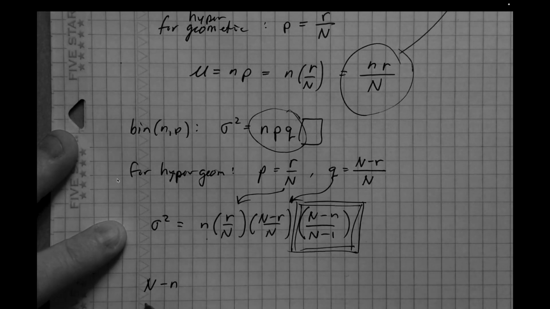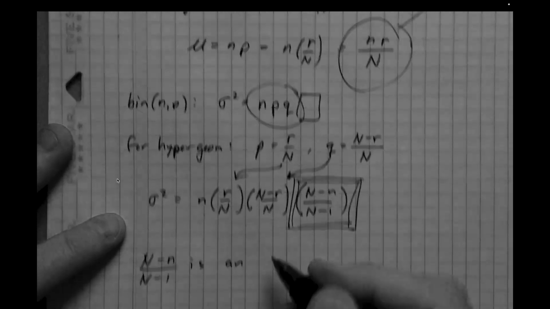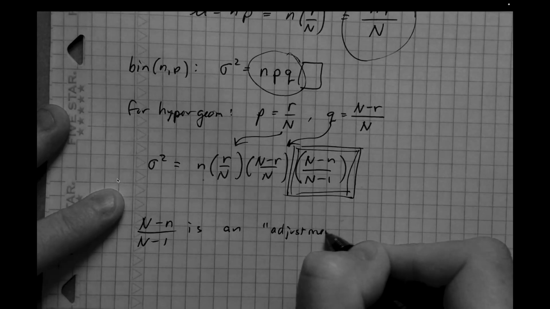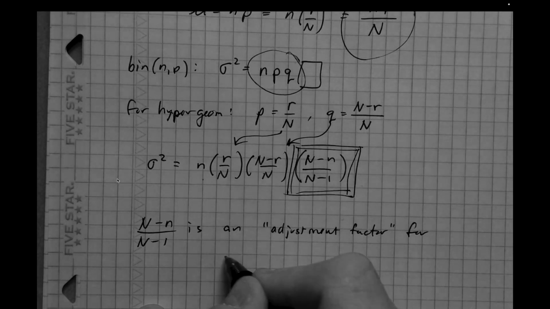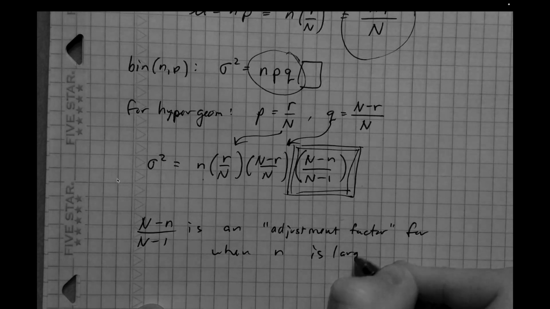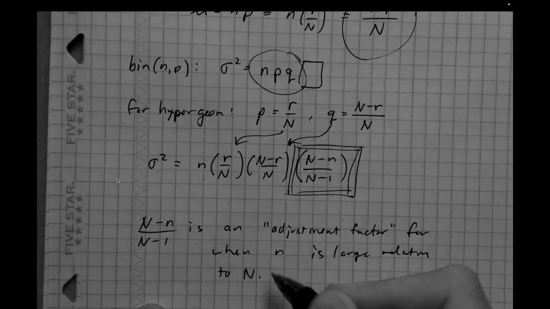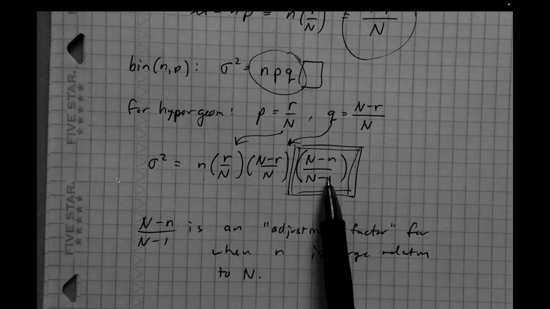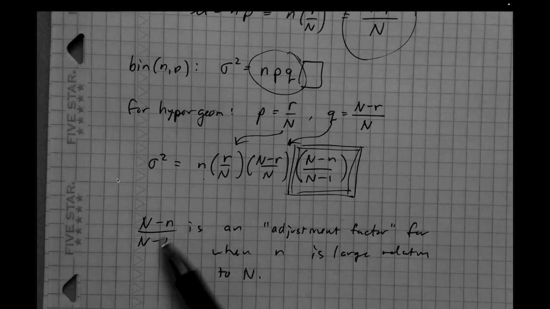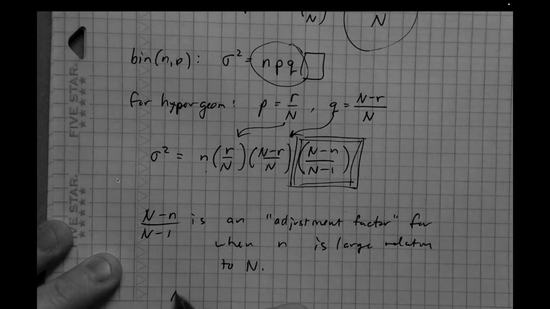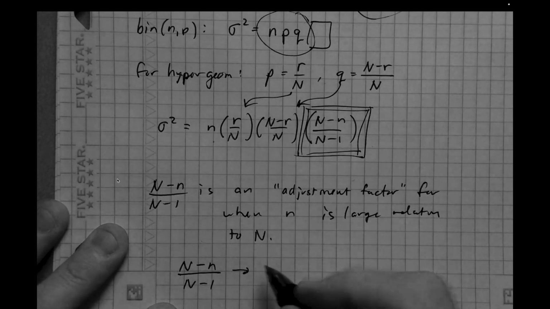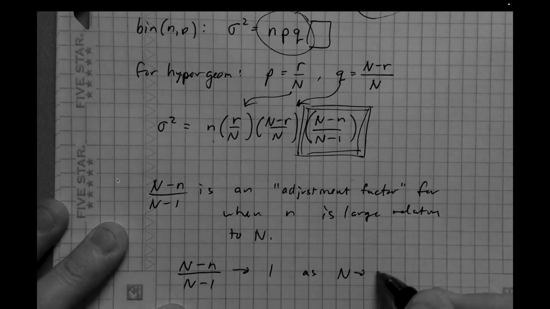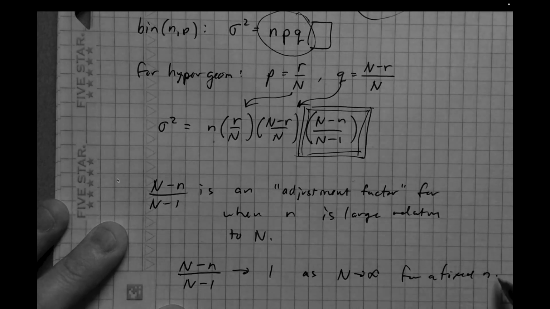So N minus n over N minus 1 is, and I'm going to put this in quotes, an adjustment factor for when little n is large relative to big N. This piece becomes important then, because you can definitely see that this ratio, population N minus little n over population N minus 1, goes to 1 as the population grows to infinity for a fixed sample size.